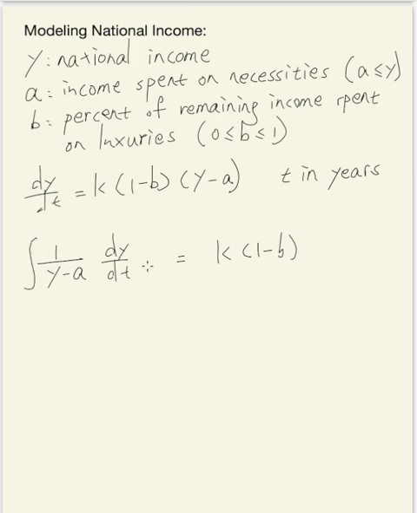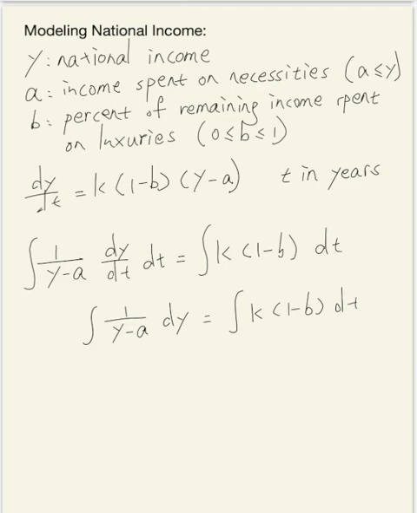All right, let's integrate both sides with respect to t. Again, dy/dt times dt becomes dy, right? So we get the integral of 1 over (y minus a) dy equals the integral of k times (1 minus b) dt.